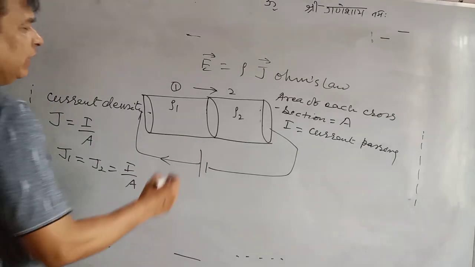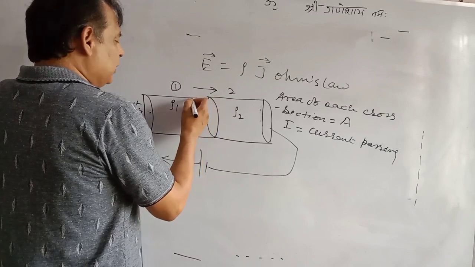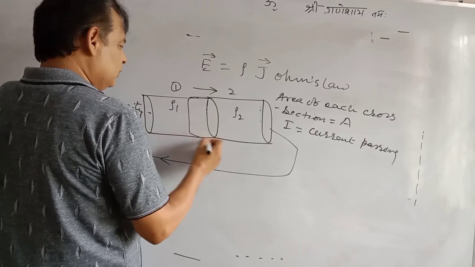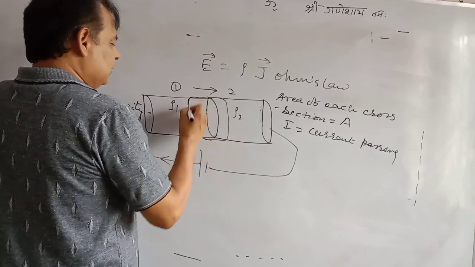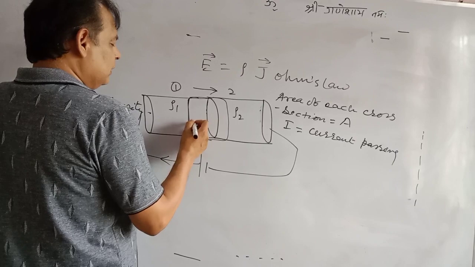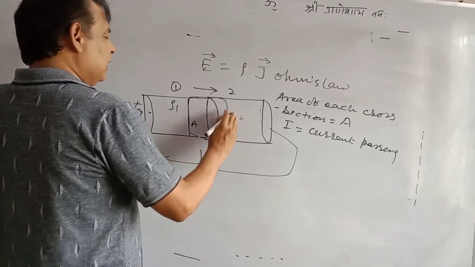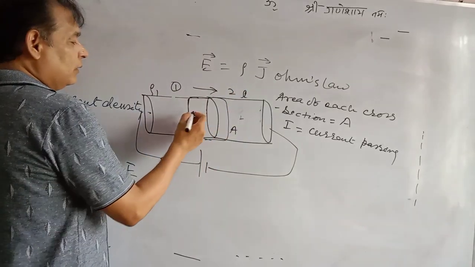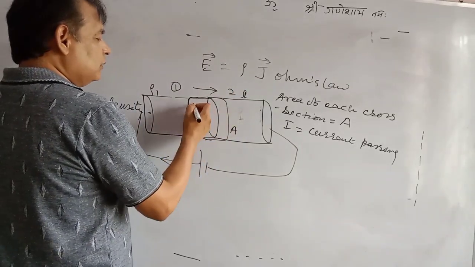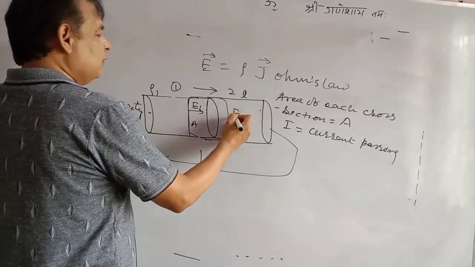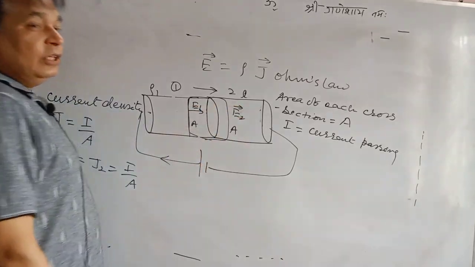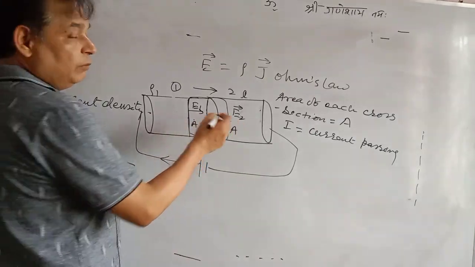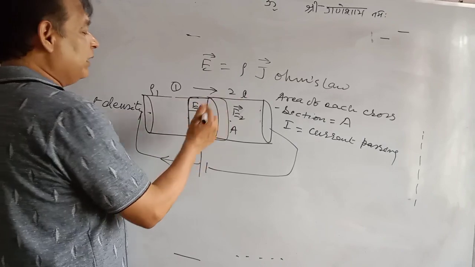Now here we are assuming a particular small cross-section of area A, and that is also area A. Electric field will be from first to second, so E1 and E2 both would be in the same direction. Current density at both sections will also be in the same direction, from left to right.